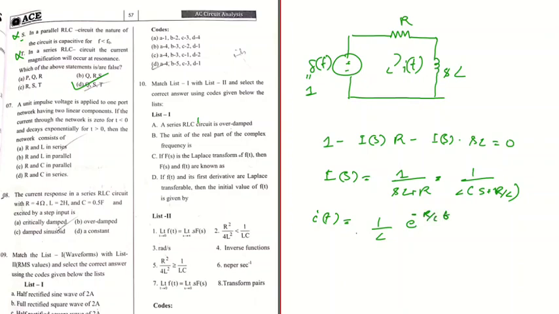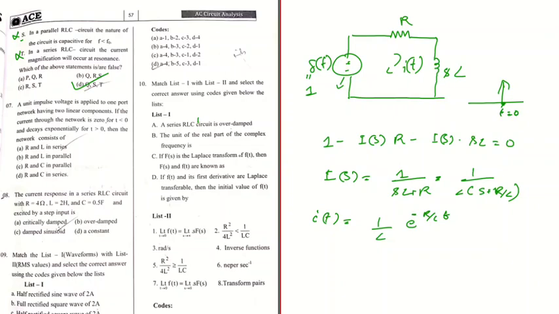It is given in the question that the current through the network is 0 for t less than 0. It is obviously going to be 0 for t less than 0, because the unit impulse signal is there for t equal to 0 only.